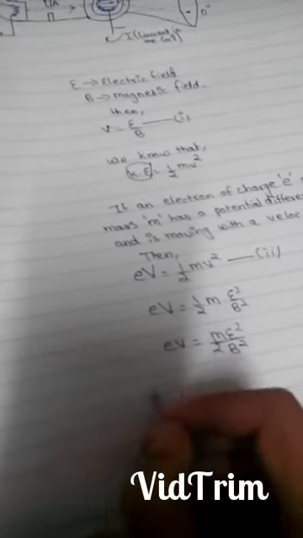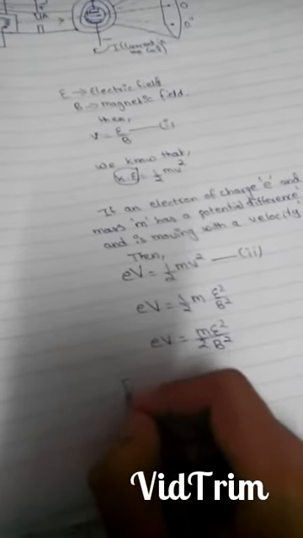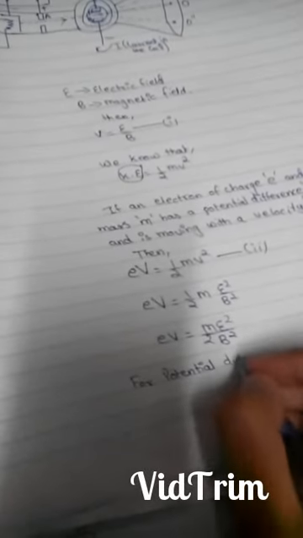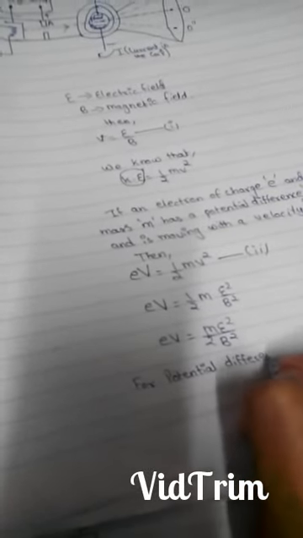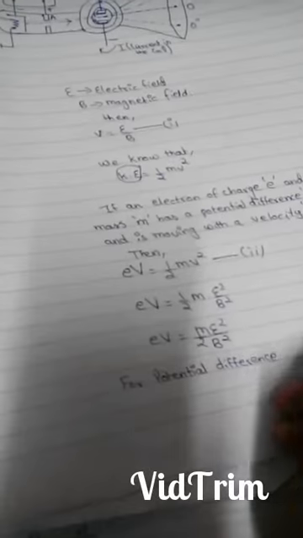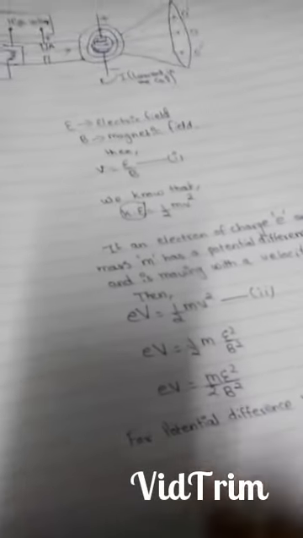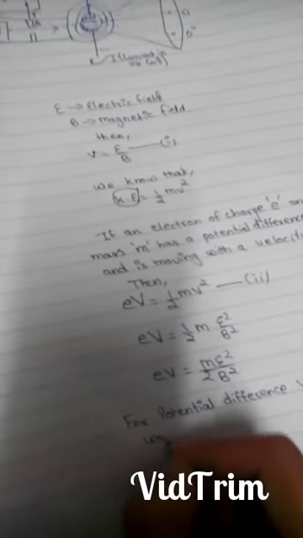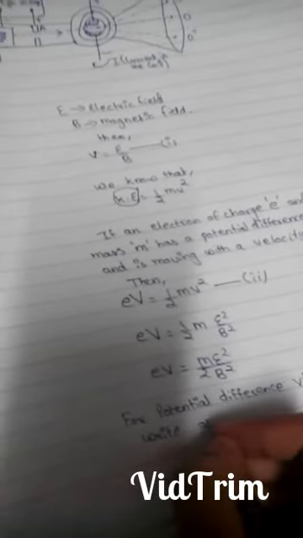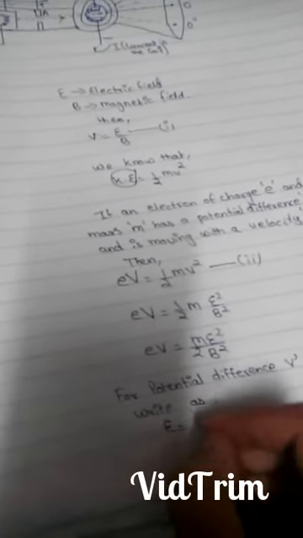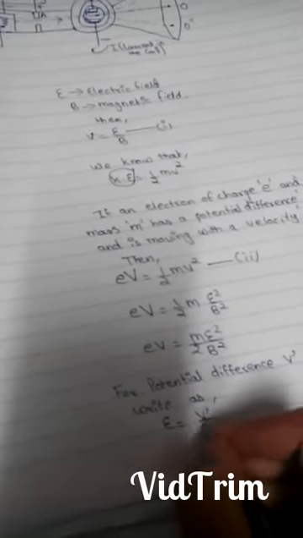And we also know that for the potential difference V dash, for the electric field we can write E is equal to V dash by d.